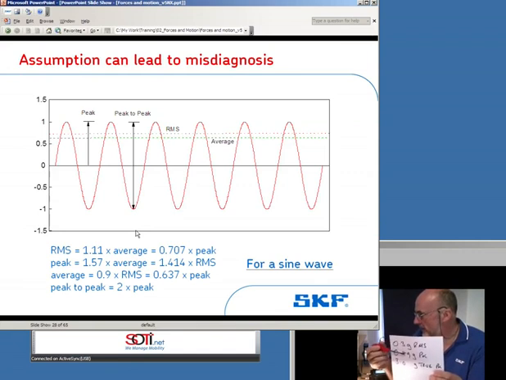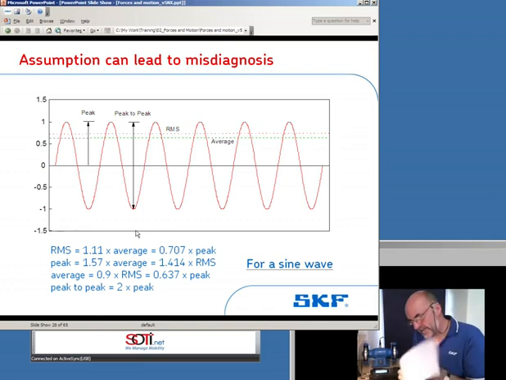Take 0.3, multiply by root 2, you get 0.49. When I change it to true peak, you'll notice there's a world of difference between 0.49 and 3. 0.4, 0.5 G peak, 3 G true peak. There's a big difference in that number, almost a factor of 10.